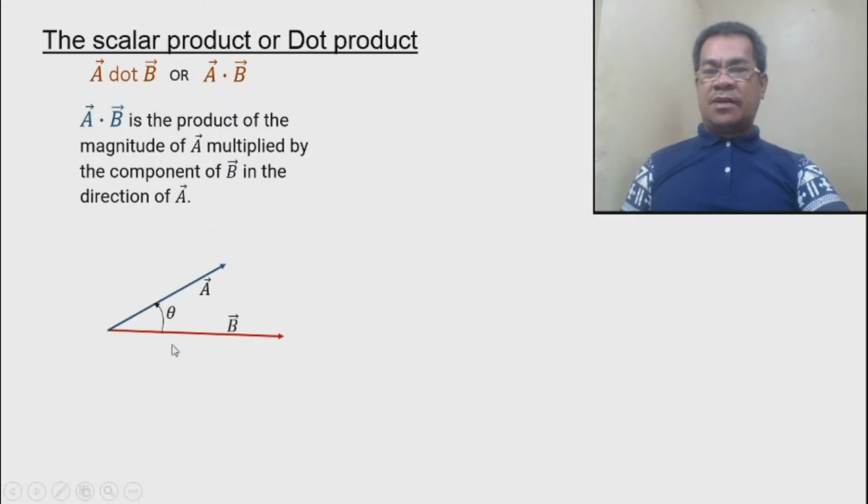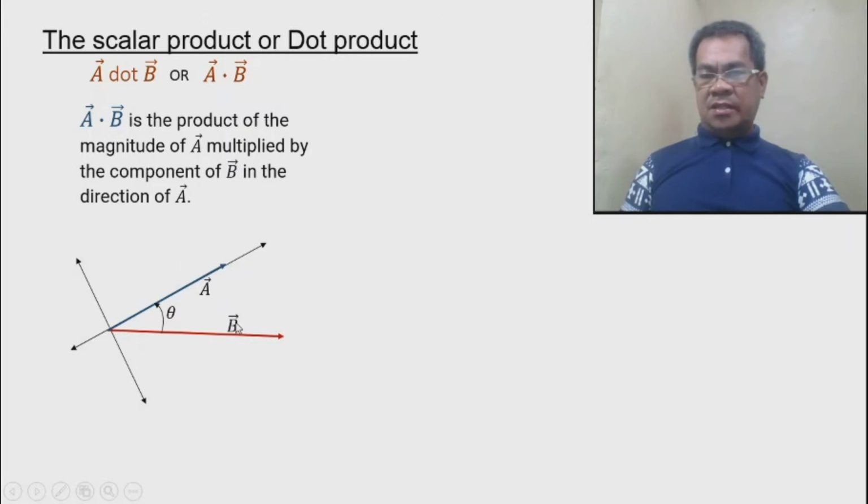So for example, we have this vector a and we have vector b, and the angle in between is theta. Finding the product of vector a and b is actually finding this magnitude. Don't worry, take the absolute sign. Now this b has a component parallel to a, so we orient the axis here.